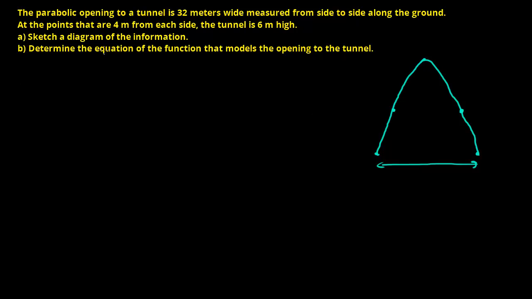It also wants us to determine the equation of the function that models the opening for the tunnel. Now there's a couple different options here, because where you define the origin to be, the function of the tunnel will actually be different.